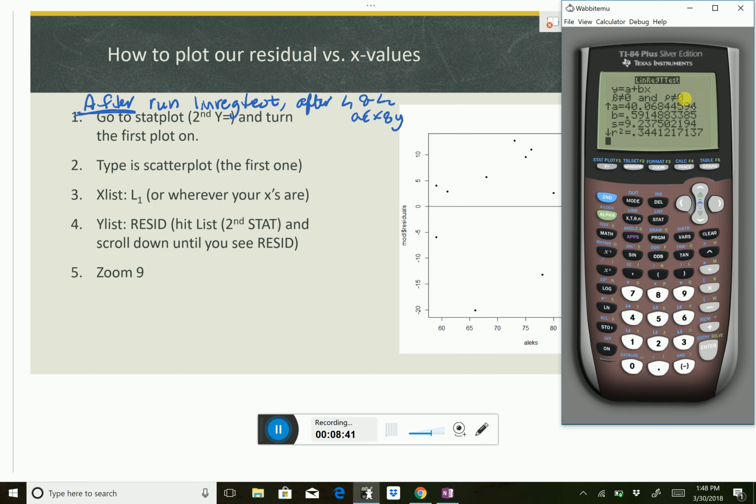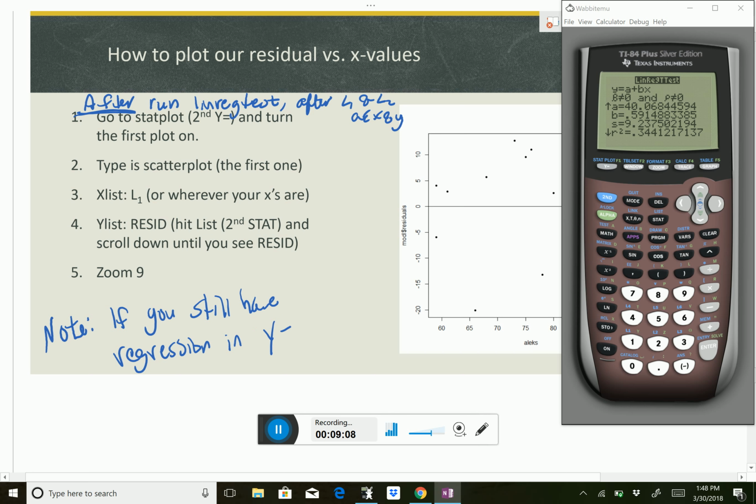Okay, so this is the one for the Alex score versus the first test score. So I'm going to go over here, go to stat plot. And actually, before I go to stat plot, I want to do just kind of a note here. If you still have your regression line in Y1 and turned on, then clear it.